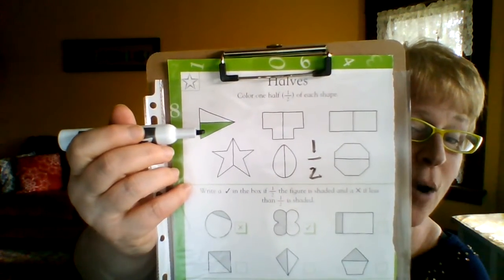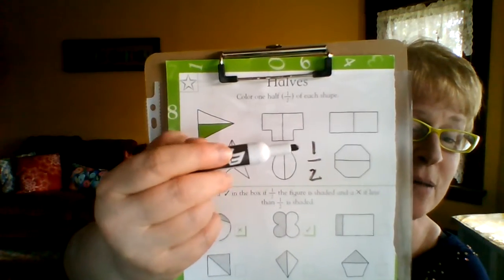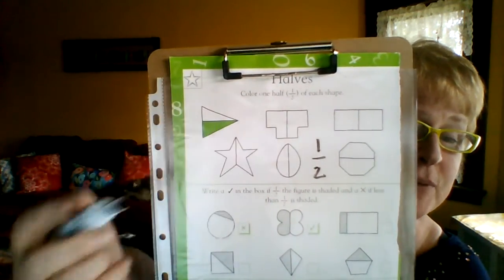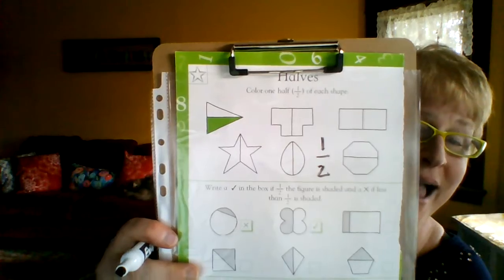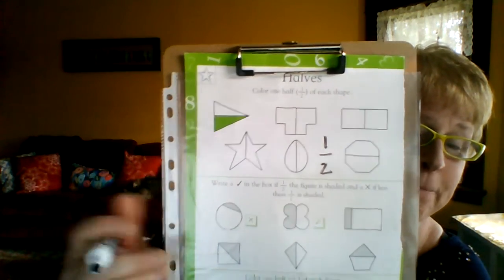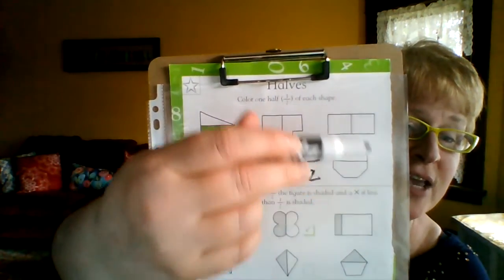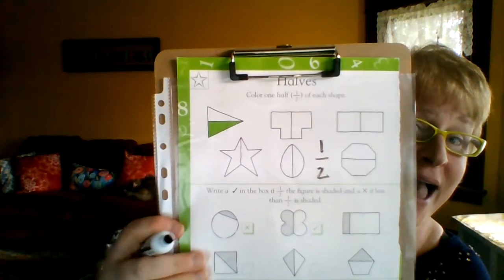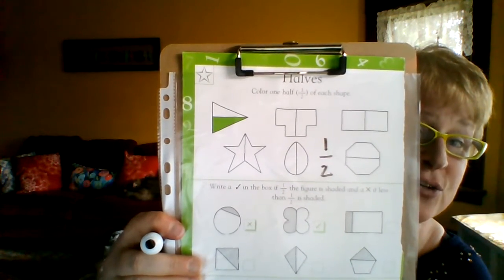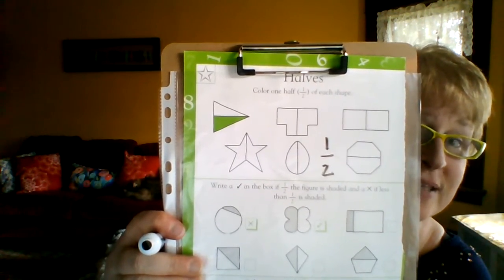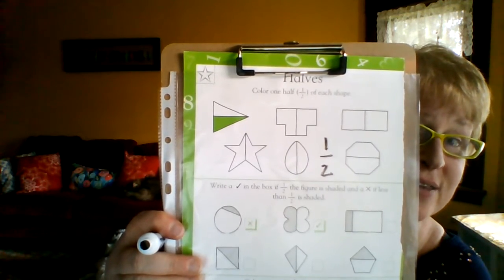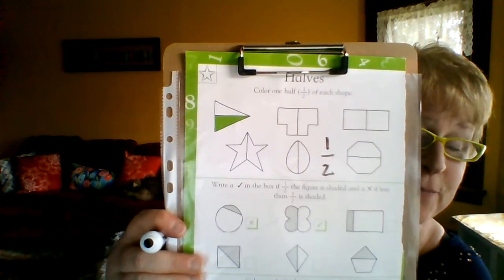But if we take one of the pieces, it becomes one out of the two pieces, so we have half of the piece. All of these shapes are cut in half, and the two halves look the same on each side. They're the same size and shape.